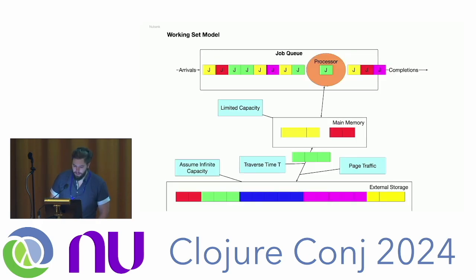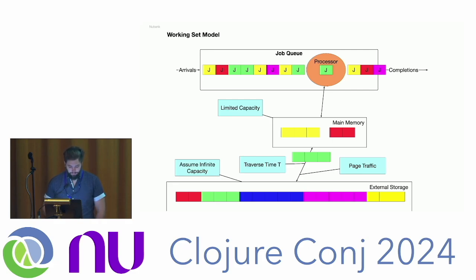So this is a diagram of the working set model. We can think of a job queue similar to what we saw previously, where there's some worker called the processor here, and it takes jobs off a queue and runs those jobs. Then we have main memory, which is an LRU cache, and we can see in main memory we have red segments and yellow segments because we just finished a red job and a yellow job.